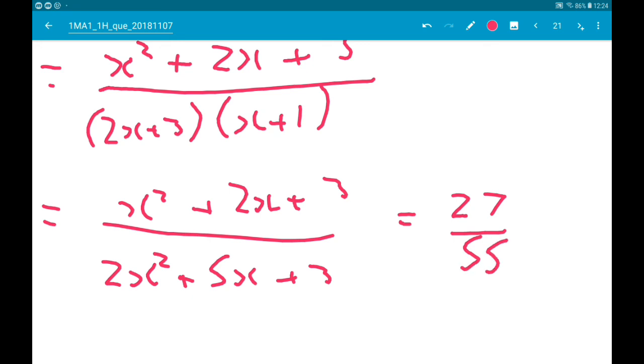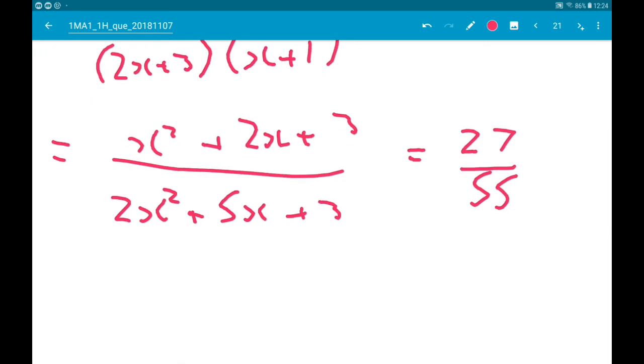So what we're going to do now is get rid of the fractions. So we're going to multiply through by 2x squared add 5x add 3 and multiply through by 55.